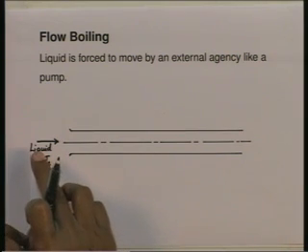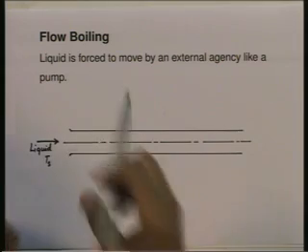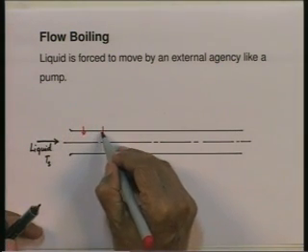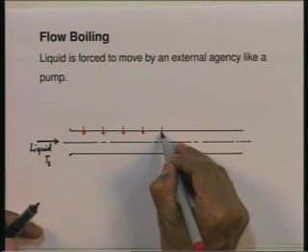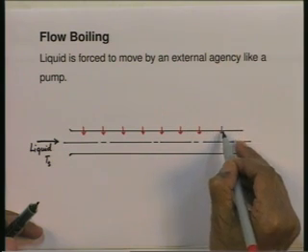Now, as the liquid goes through this tube, heat is added through the walls of the tube like this. Heat is added through the walls of this tube by some means.